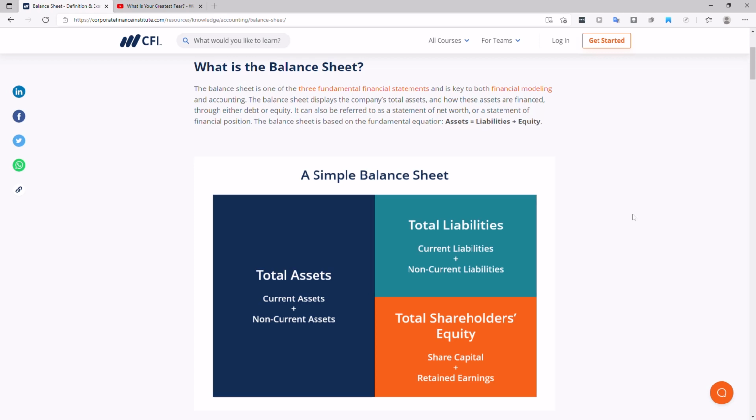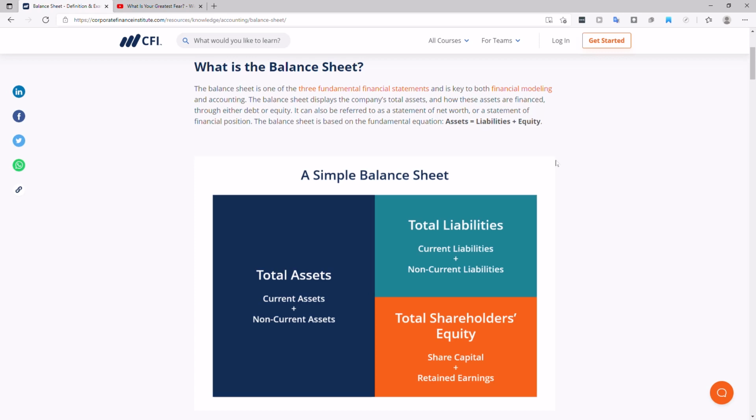So we're going to look at the balance sheet. The balance sheet is one of the three fundamental financial statements, and is the key to both financial modeling and accounting. A simple balance sheet is going to have assets, liabilities, and equity.